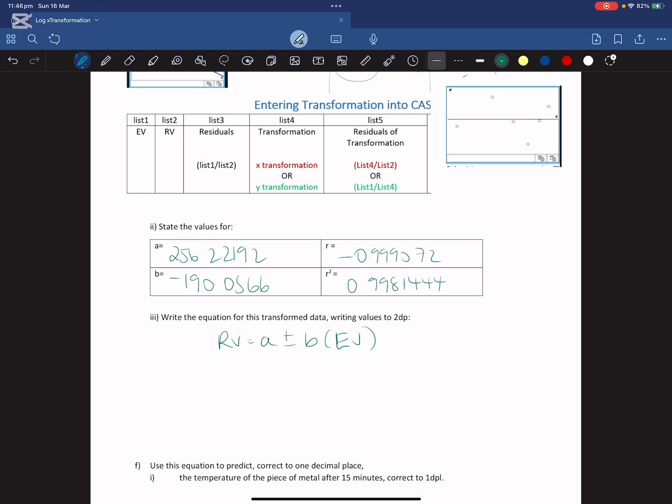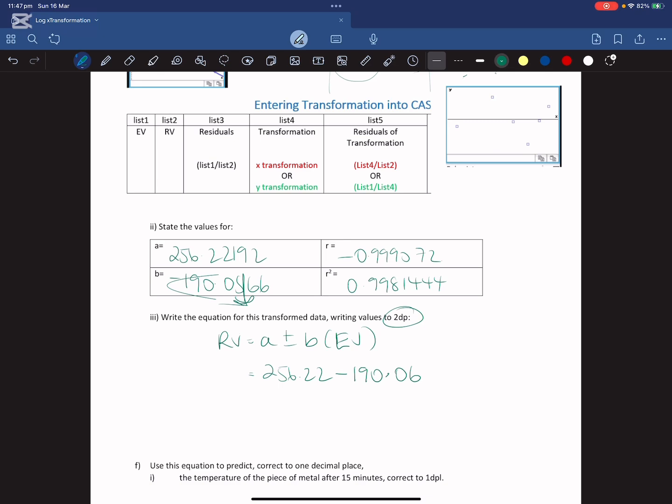So I'm going to sub in my A value, 2 decimal places, 256.22. And then I've got minus, remember to take the sign in front, so minus 190.06, 2 decimal places, that one's going to round.